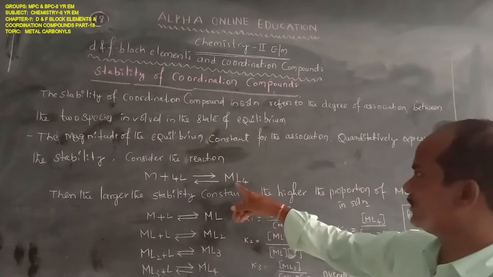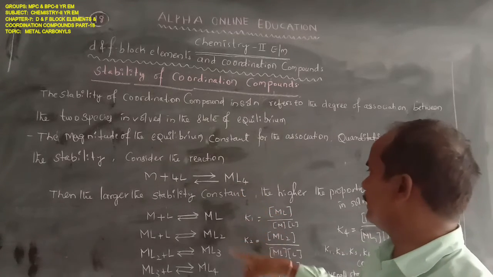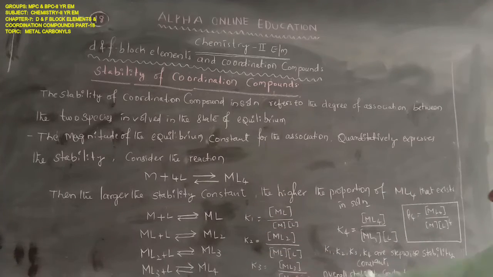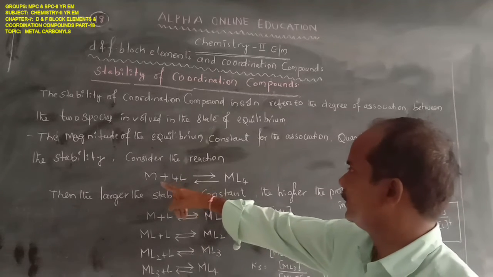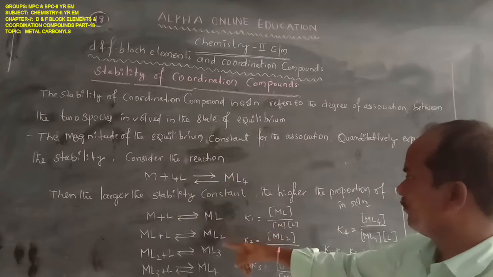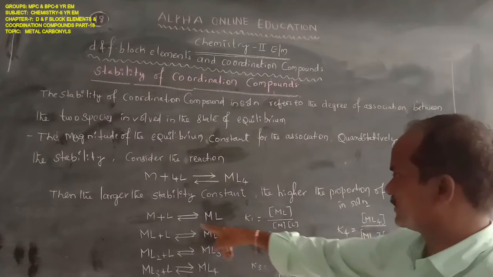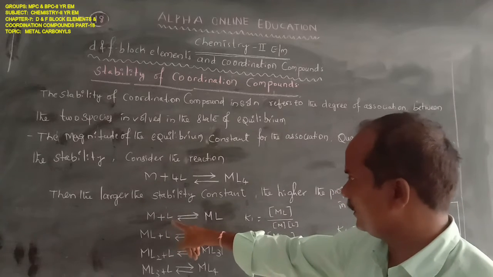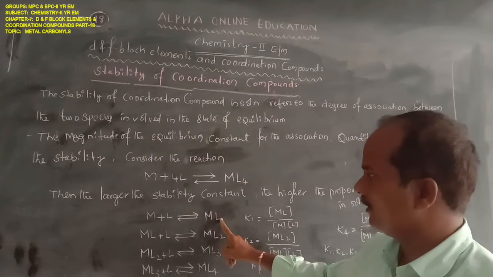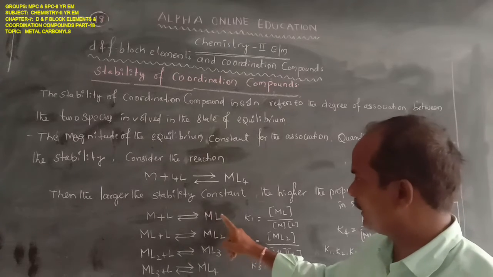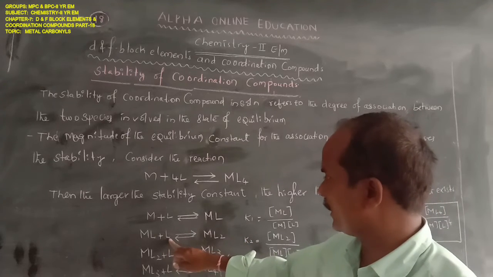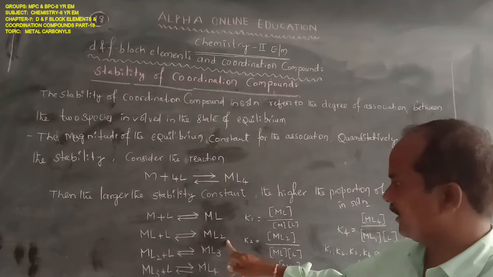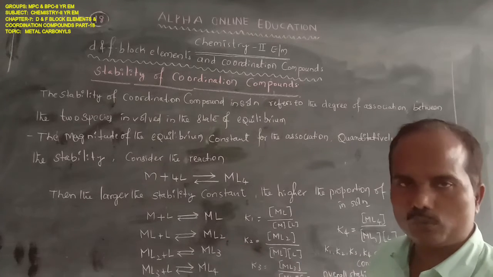Then the formation of a 4 coordinated complex can be written in terms of a stepwise stability constant, as it can be formed in 4 steps. First a metal and a ligand are in equilibrium, and a metal ligand bond is formed, ML. Then this ML reacts with one more ligand and an ML2 complex is formed.